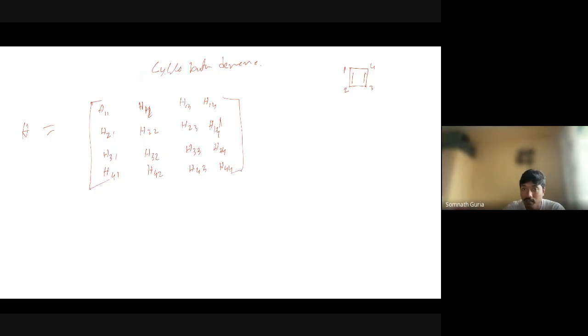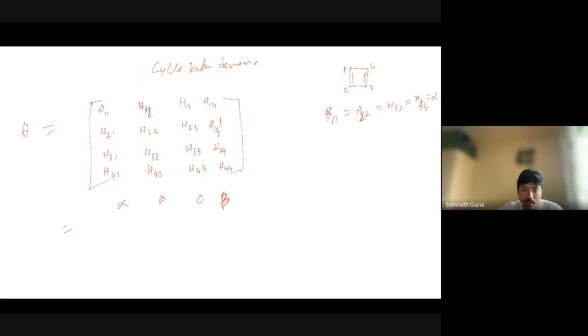Now we know H11, H22, H33, and H44 are just alpha. Now put in alpha. This one will be the beta. H13 will be 0. Now H14 will be my beta, as 1 and 4 are connected.